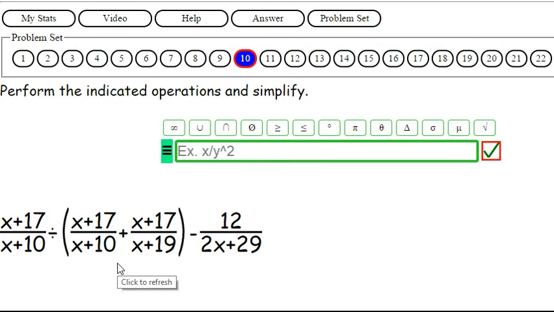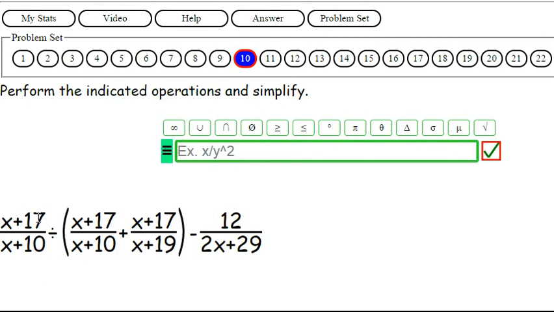And that stuff in parentheses, ugh. x plus 19. And that's going to be making this problem terrible. 2x plus 29. It's a weird number. It's a number I don't see come up very often, 29.